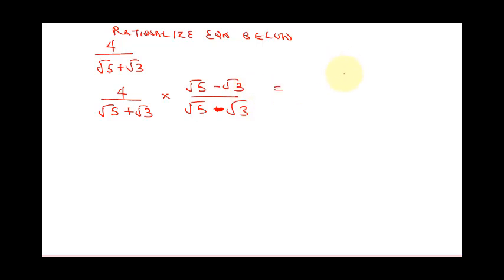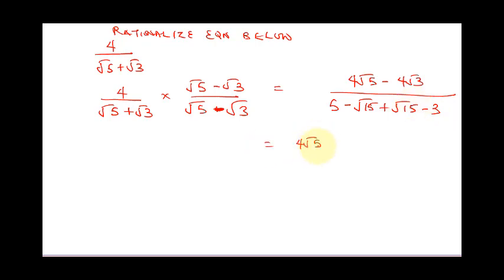And this is going to give me 4 root 5 minus 4 root 3 all over 5 minus root 15 plus root 15 minus 3. Remember, this will cancel out this, and 5 minus 3 we are going to get 2.